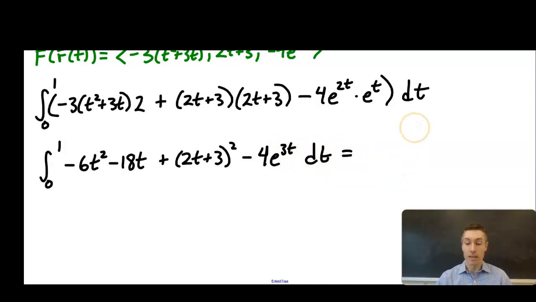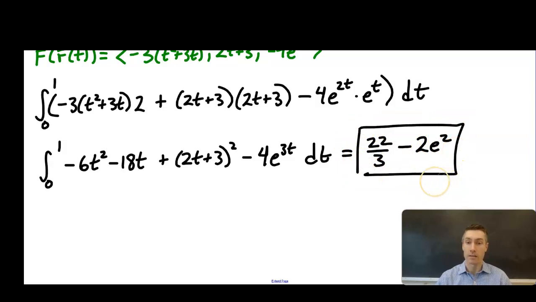And if you evaluate that integral, you're going to get 22/3 minus 2e squared. So this is a good integral to practice. That value is going to be negative, so that just means that the vector field that we have defined is working against the object that's moving along the given curve.